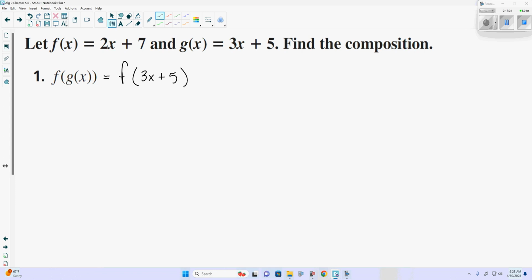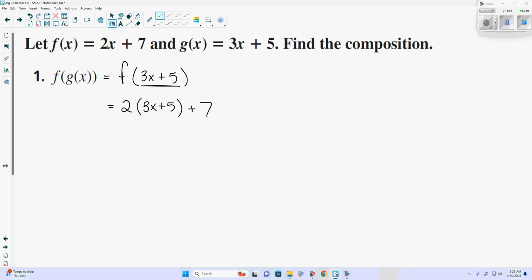Now, f of 3x plus 5, we're replacing every x with 3x plus 5. So just like the last one, we'll have 2 parentheses 3x plus 5 plus 7. We just replace each x with 3x plus 5. Questions on how we got to this point here?